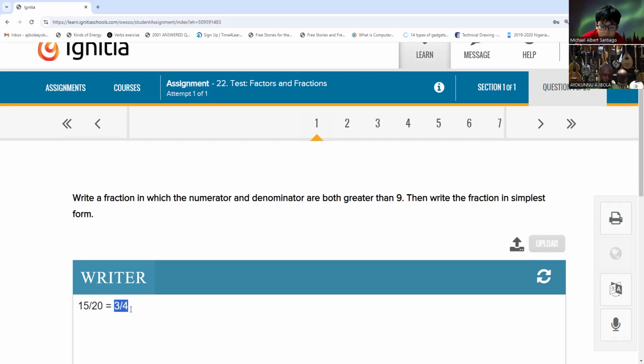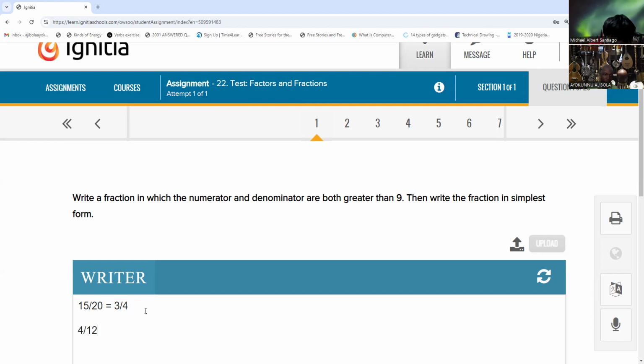Reduce 4 over 12 to lowest term. What do you have? You said 4 over 12, right?